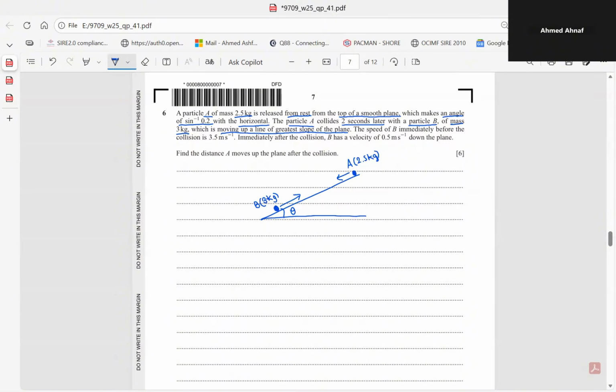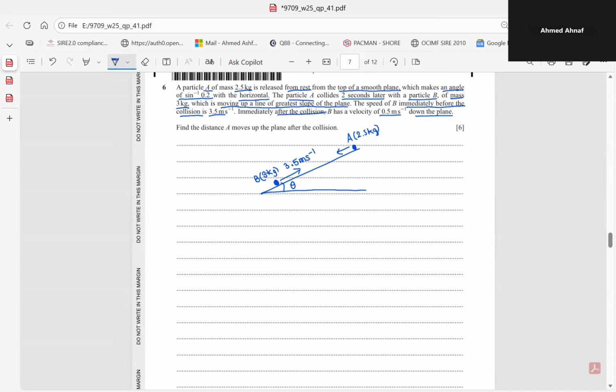Okay, and then it also says the speed of B immediately before the collision is 3.5 meters per second. So this is the speed of B immediately before the collision. Okay, and immediately after the collision, B has a velocity of 0.5 meters per second down the plane. So after, I'll just draw it as if it's horizontal.